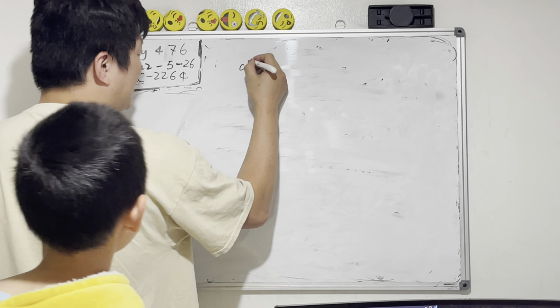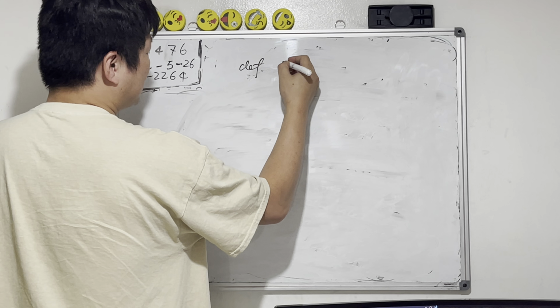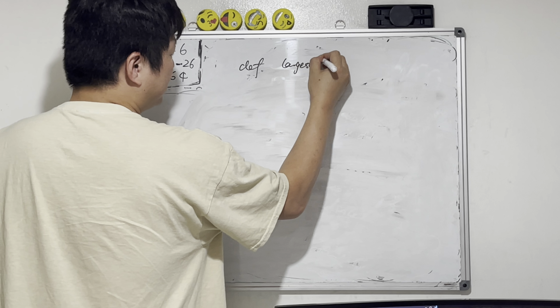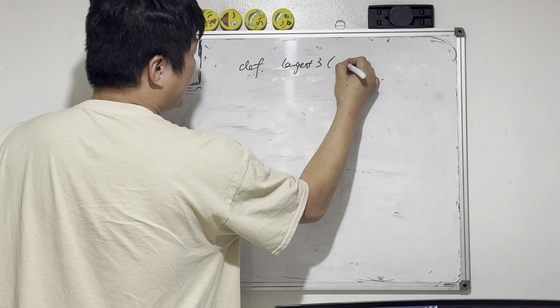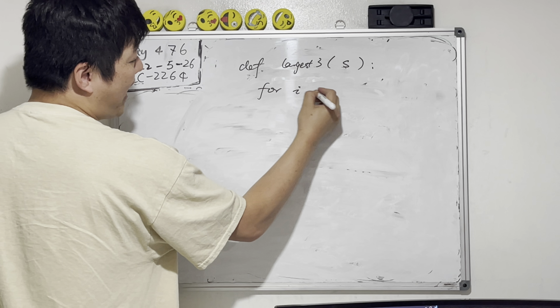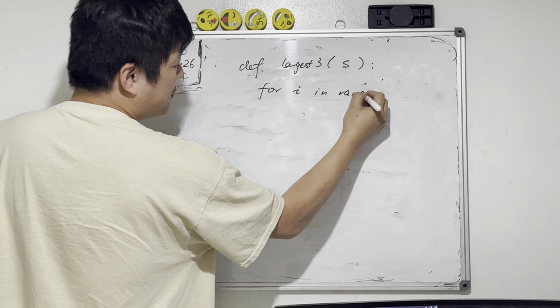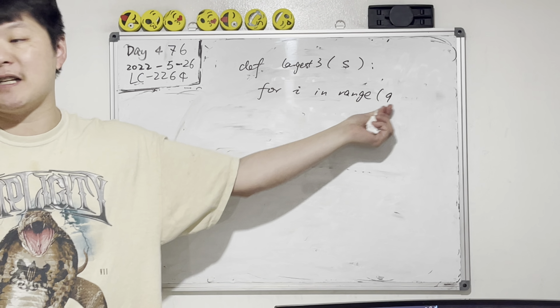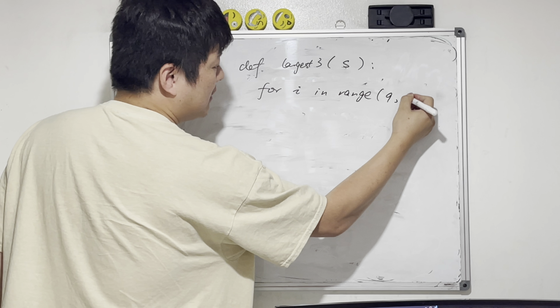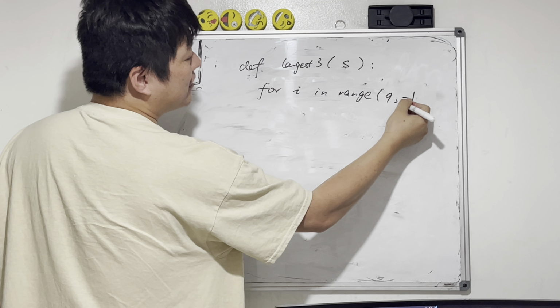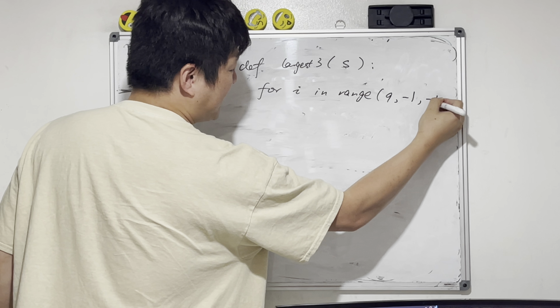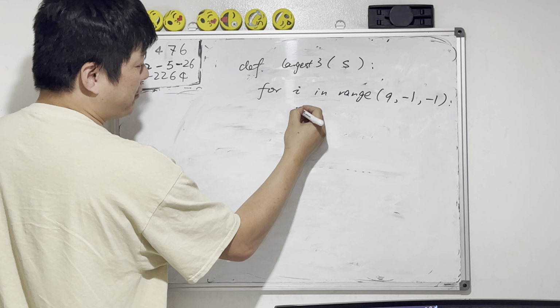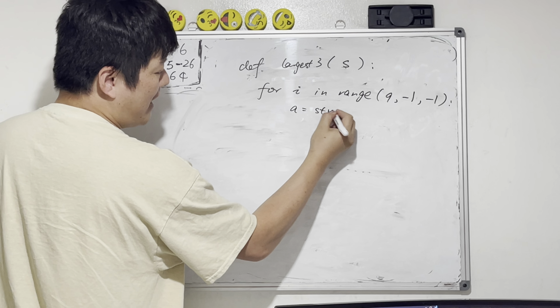So let's quickly write this. Define largest_3 given the string. For i in range, we start from 9 up to 0. So the end, not including, we give it a -1, and the step would be -1. A equals str(i) times 3.